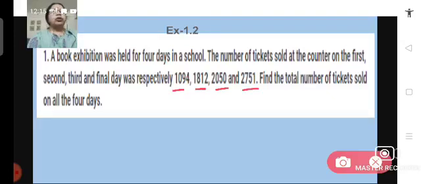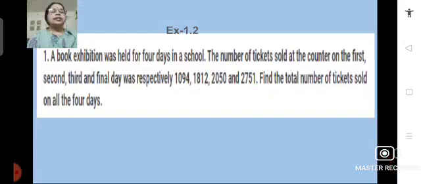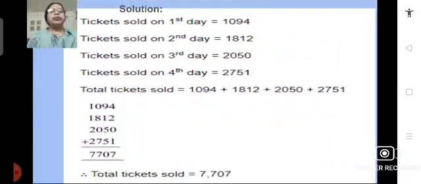Find the total number of tickets sold on all the 4 days. So we have to find the total number of tickets sold on all the 4 days. For this, we add the number of tickets that were sold on the 4 days. Let us see how we solve this problem.